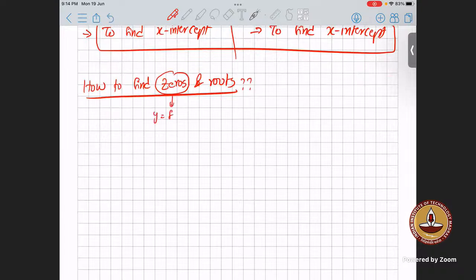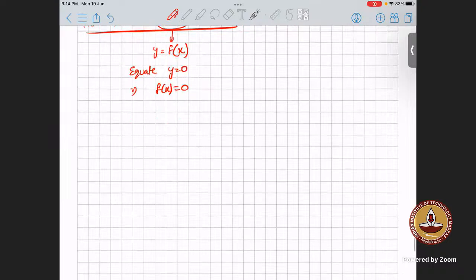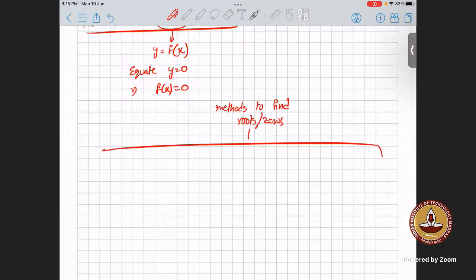For zeros, y equals f of x, equate y equal to 0, that means f of x equals 0. Now there are three methods. Listen very carefully. Methods to find roots and zeros.